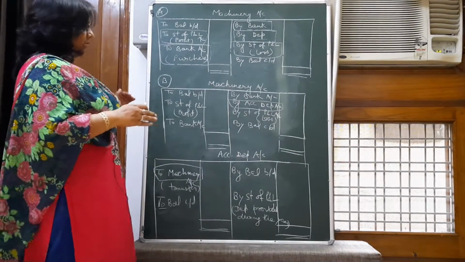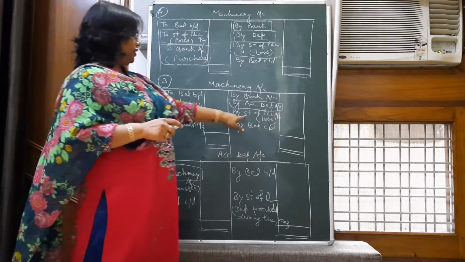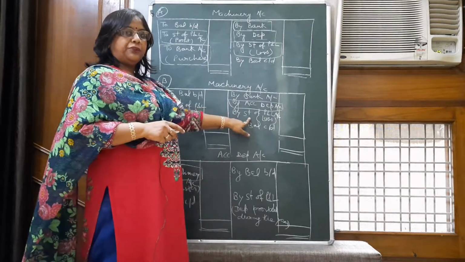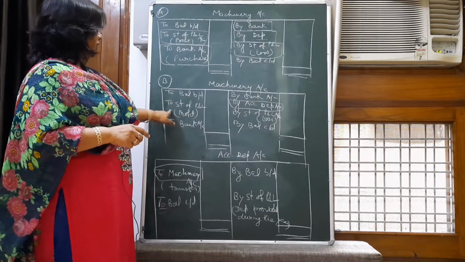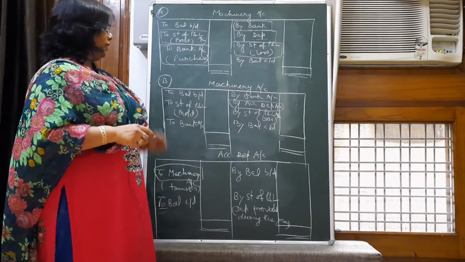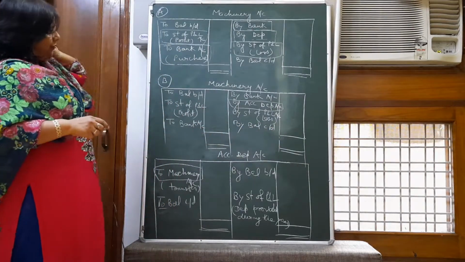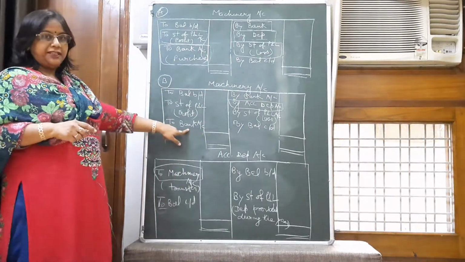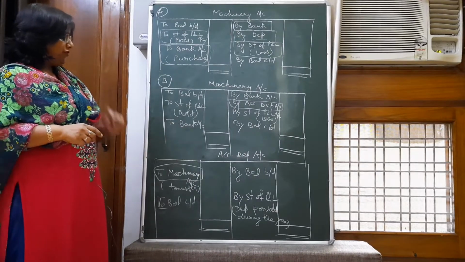Then after calculation, if there comes a loss on sale of machinery, that is by statement of P&L, and if there is profit on sale of machinery, we show it to statement of P&L. Then after balancing the account, if there is some balancing figure in the debit side, that shows purchase of machinery.